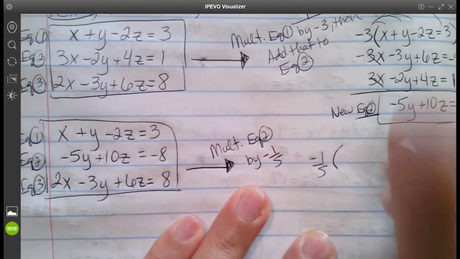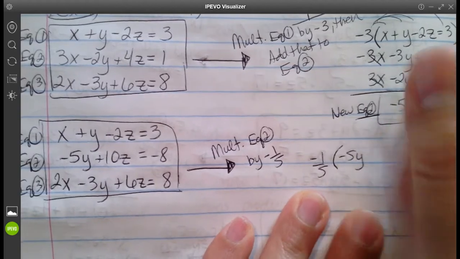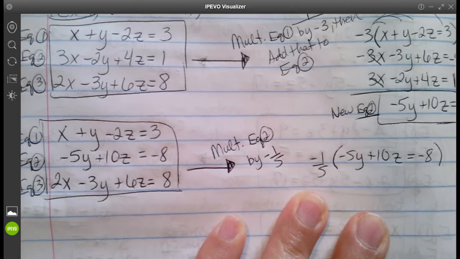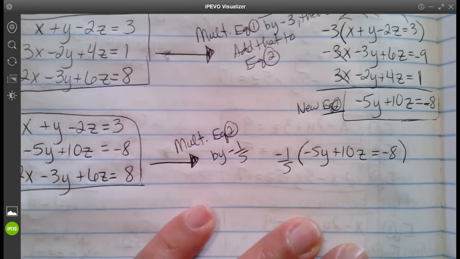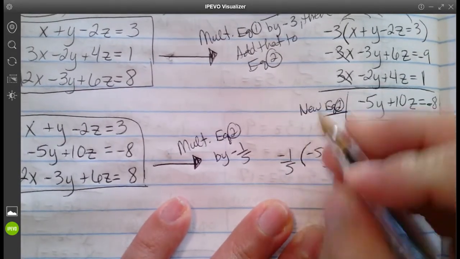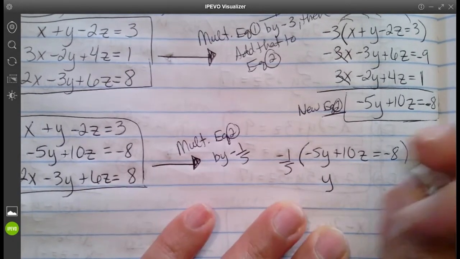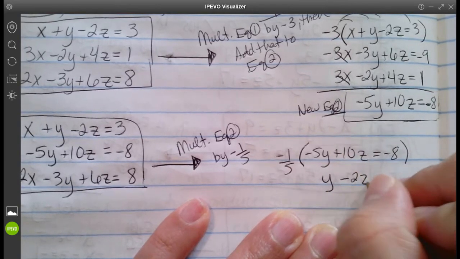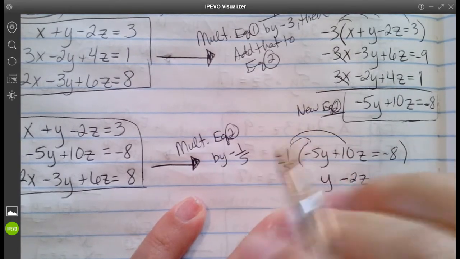Let's see how that works. Negative 1/5 times equation 2: negative 5y plus 10z is equal to negative 8. When we distribute, negative 1/5 times negative 5 gives us just the y by itself. Negative 1/5 times 10 gives us negative 2. If you need to do this operation on the side somewhere because you don't remember, that's perfectly fine.